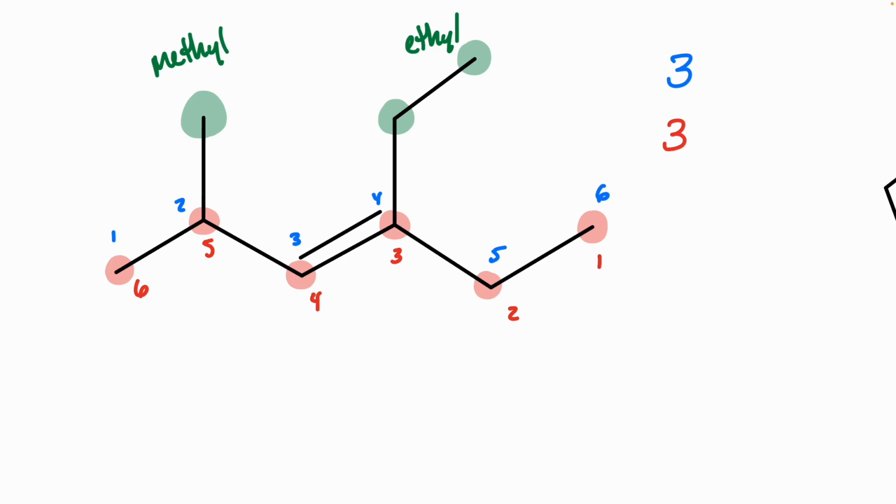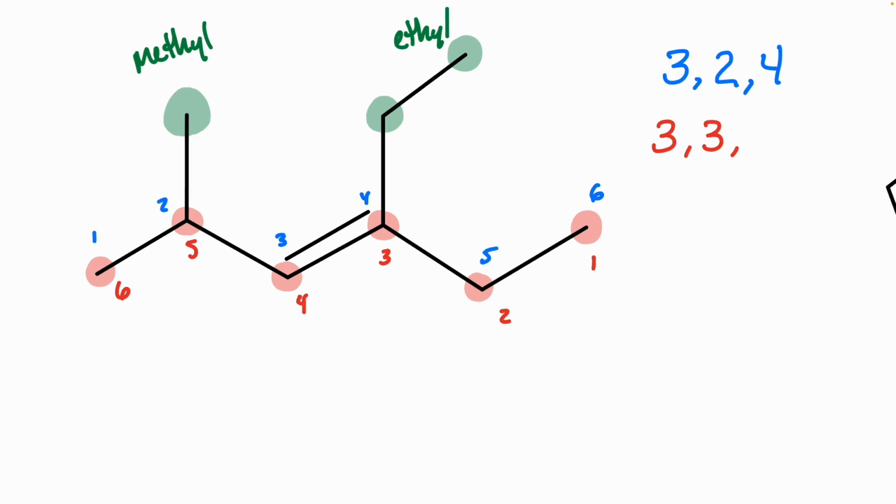So now I need to look at the other numbers in my naming here. If I picked blue, I would have my double bond on carbon 3, a methyl group on 2, and an ethyl group on 4. If I did my red numbering scheme, I have my double bond on 3, my ethyl group on 3, holy cow, and my methyl group on 5.